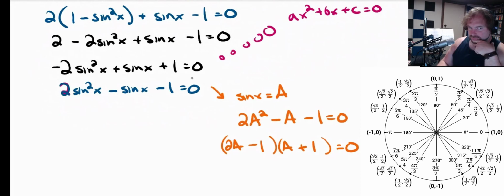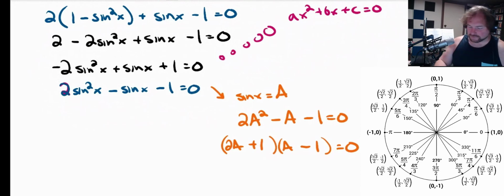Stand by. Gotta think. This gives me 2a. Oh, I'd have to make this minus 1 over here and this plus 1 over here. Okay, got it. We're good. That gives us 2a squared minus 2a plus a minus 1. Okay, yeah, it works. Sorry, brain fart there in the middle of this problem. But there you go. We're going to factor it.